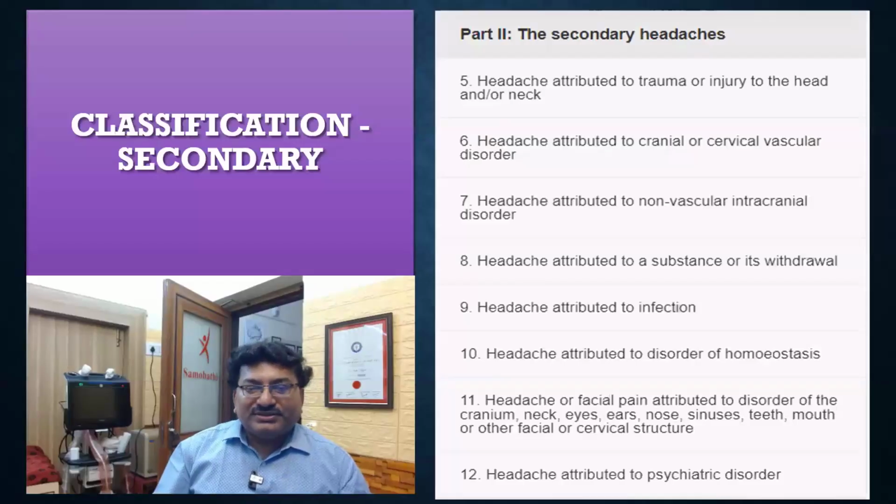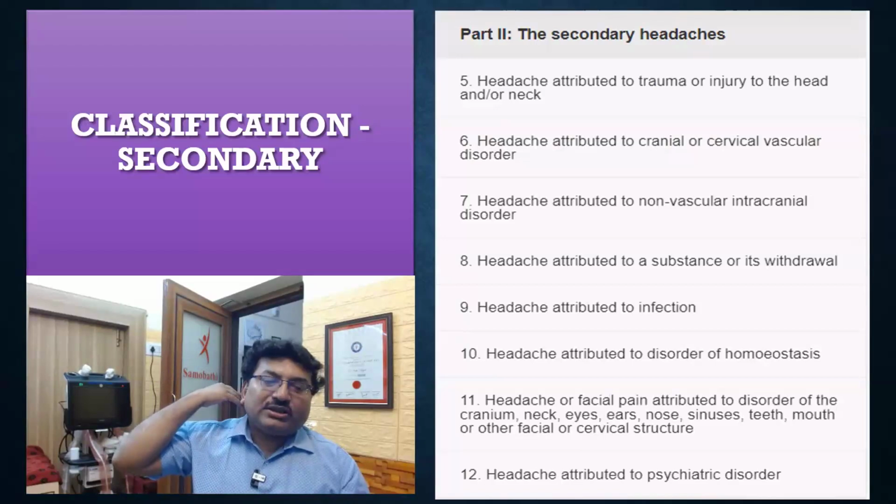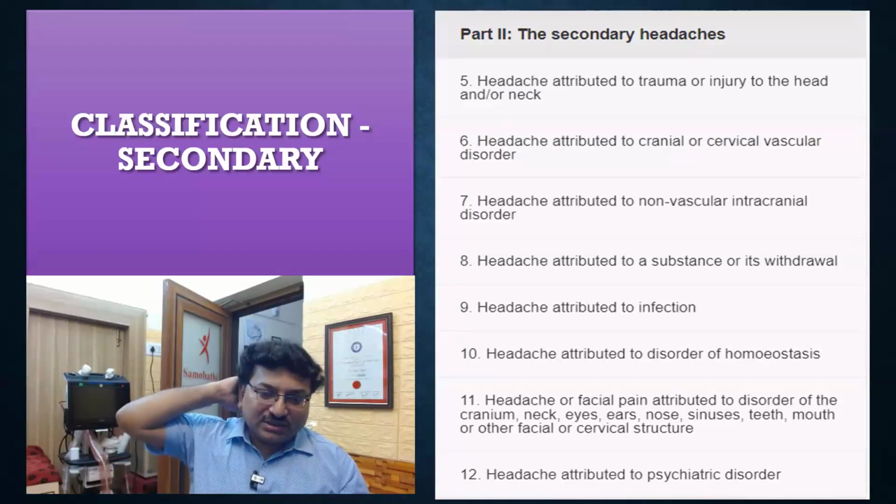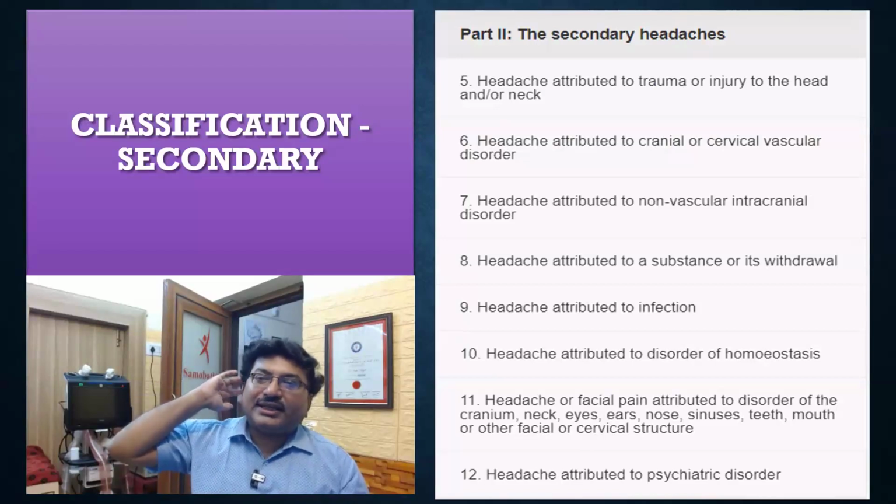Now coming to the secondary headache classification, headache attributed to trauma or injury of the head or neck can cause headache. For example, a history of acceleration-deceleration injury, that is the whiplash injury in the neck, can cause pain.